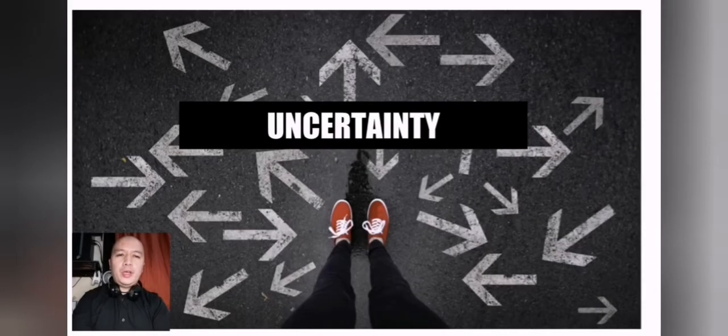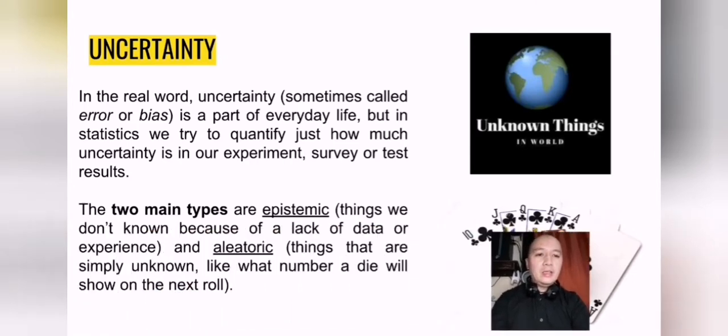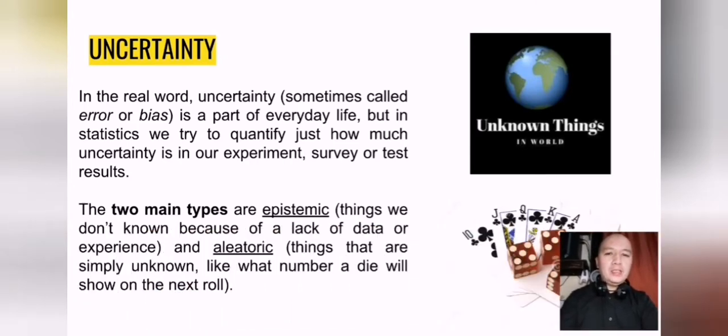On this lecture, we are going to cover the topic of uncertainty, which is a very common topic in statistics and probability. The term probability itself is closely associated with the term uncertainty, or hindi kasiguraduhan. So, let's start with defining what uncertainty is.